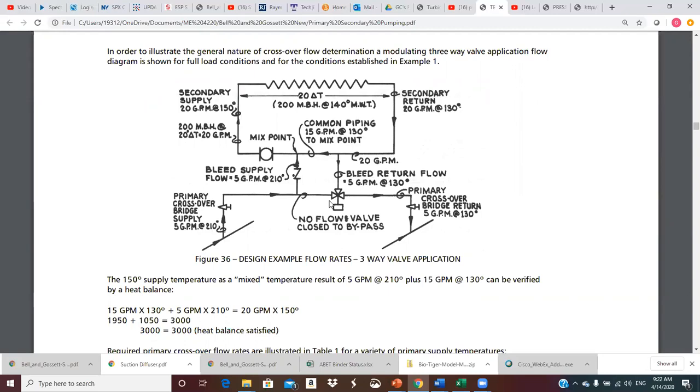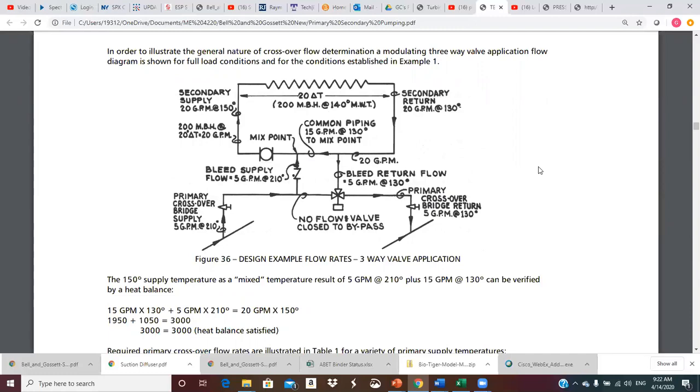Here we have this three-way valve that's down here in the crossover bridge. And so, at full design condition, this port would be closed and we would get the full 5 GPM up here. And now the mixing would occur at this point with the 15 coming through the common pipe up here. We mix there and go through the secondary. So you can look at that. I think that should be pretty clear.